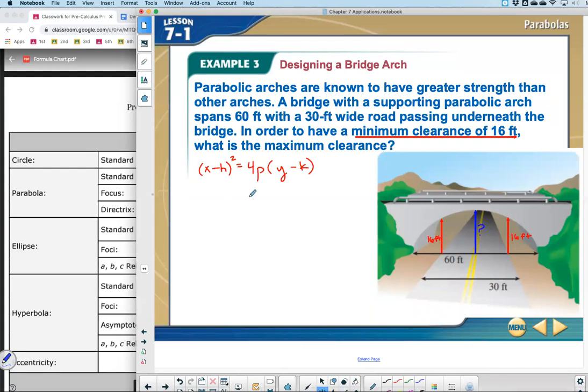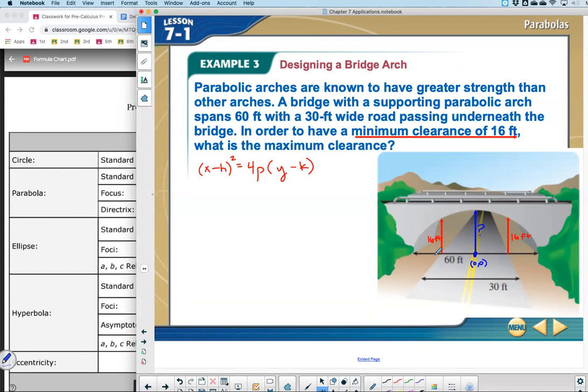All right, so if you remember what I did last problem, I first copied down the formula and then I started plugging in some points. I'm picking some points. I'm going to make everything simpler, I'm going to treat this as the x-axis. So I'm going to call this point right here 0, 0. And now I'm going to label the parabola.